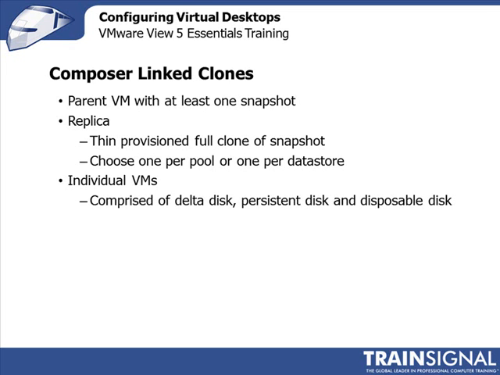Then the individual VMs. So these are the linked clones. They're comprised of a delta disk, potentially a persistent disk, and potentially a disposable disk. The delta disk is required, and essentially it holds the unique factors that make that virtual machine or linked clone different from the replica. So these would be things like the virtual machine name, its IP address, SIDs, all those types of factors.